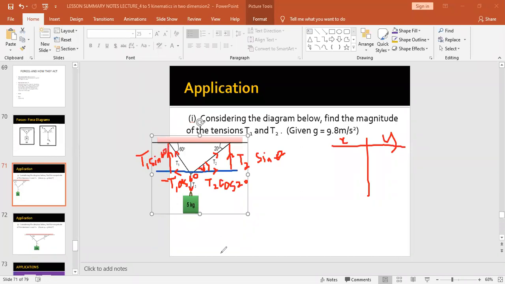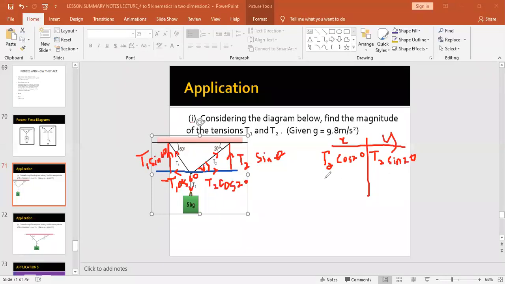Let me write the two first. For this one, we have T2 cos 20, then we have T2 sine of 20.